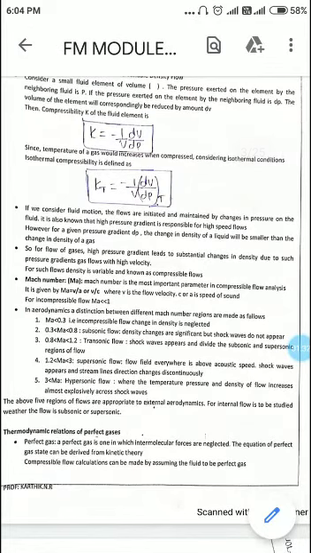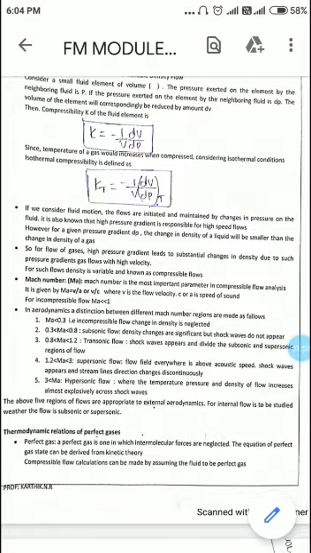So for flow of gases, high pressure gradients lead to substantial changes in density. Due to such pressure gradients, gas flows with high velocity. For such flows, the density is variable, therefore it is known as compressible flow or variable density flow.